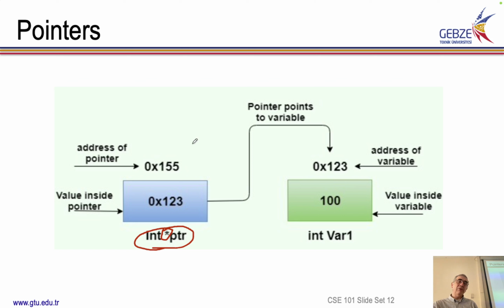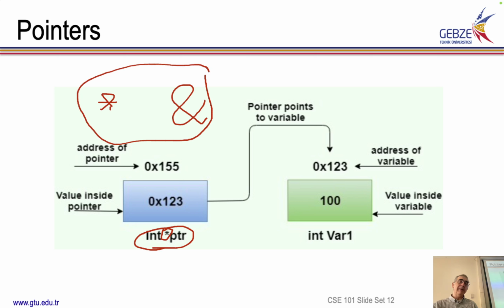Along with it, you also use this symbol. So the star and the ampersand are two famous operators for pointers.